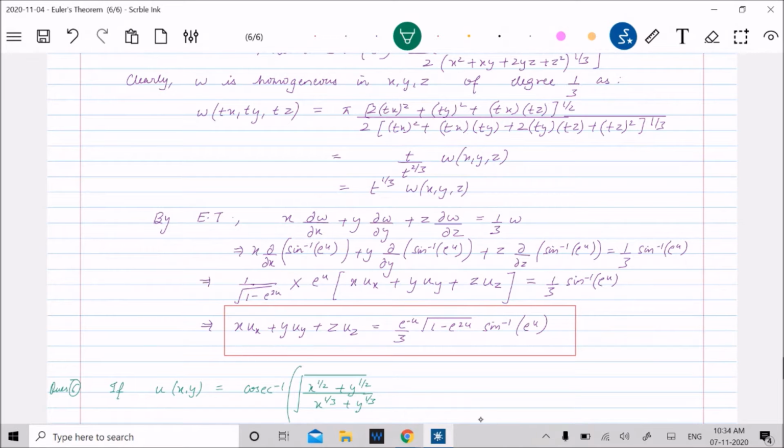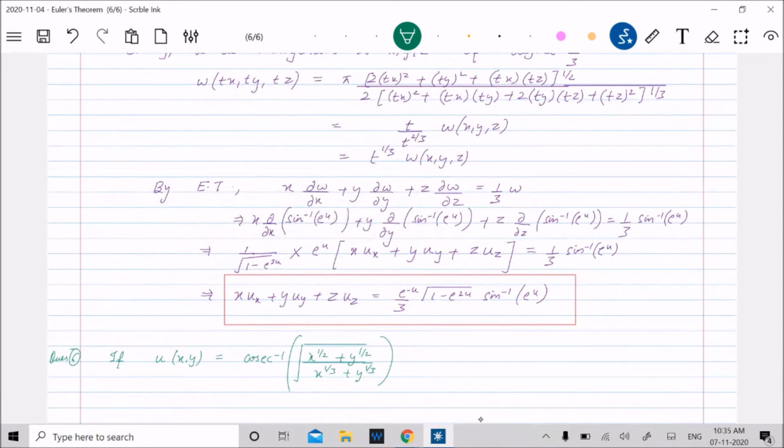Okay, this is a cosec inverse of this much. Prove that x square uxx plus 2xy uxy plus y square uyy is equal to tan u multiplied with (13 plus tan square u) whole divided by 144.